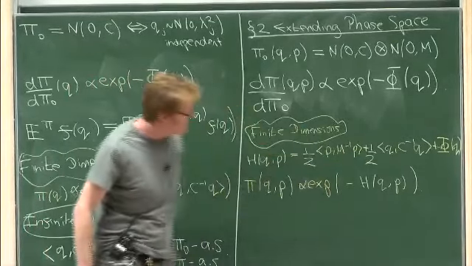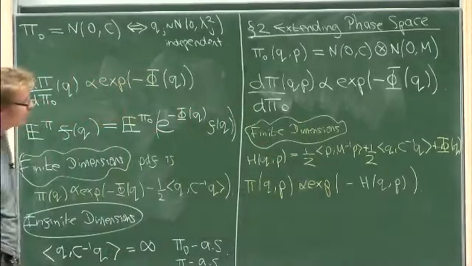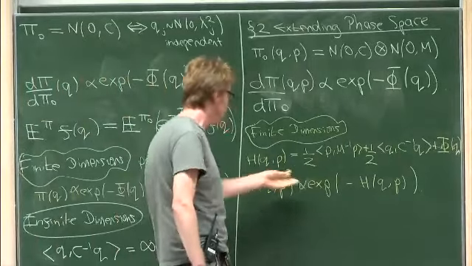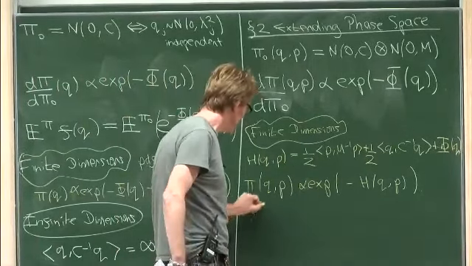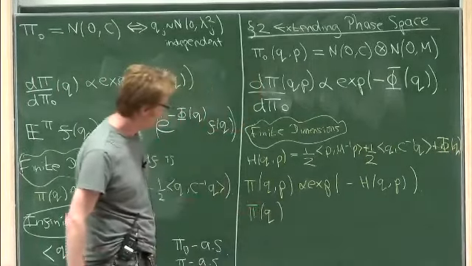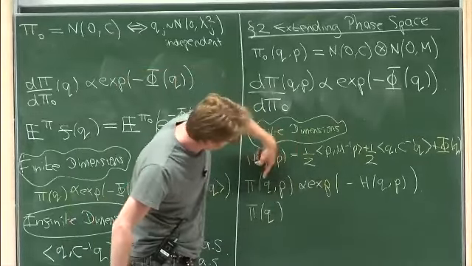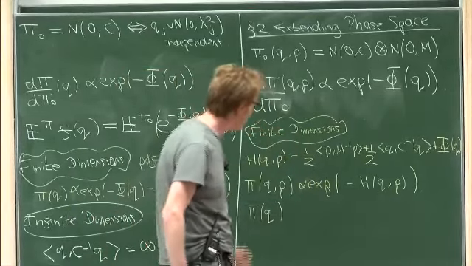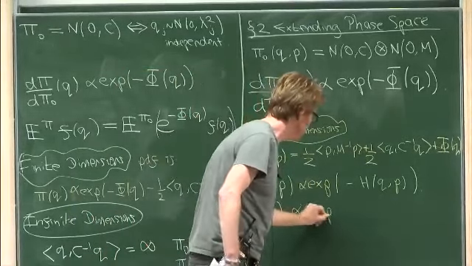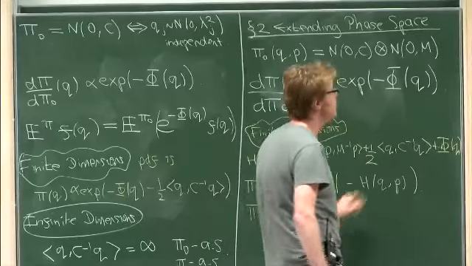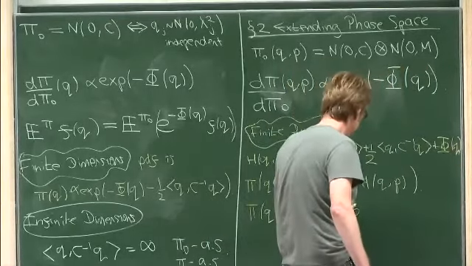In particular, it preserves e to the minus H. And furthermore, the property that is then exploited is that the marginal of pi of q and p, where we integrate p out, is then proportional to the thing we're actually interested in, which is this pi up here.